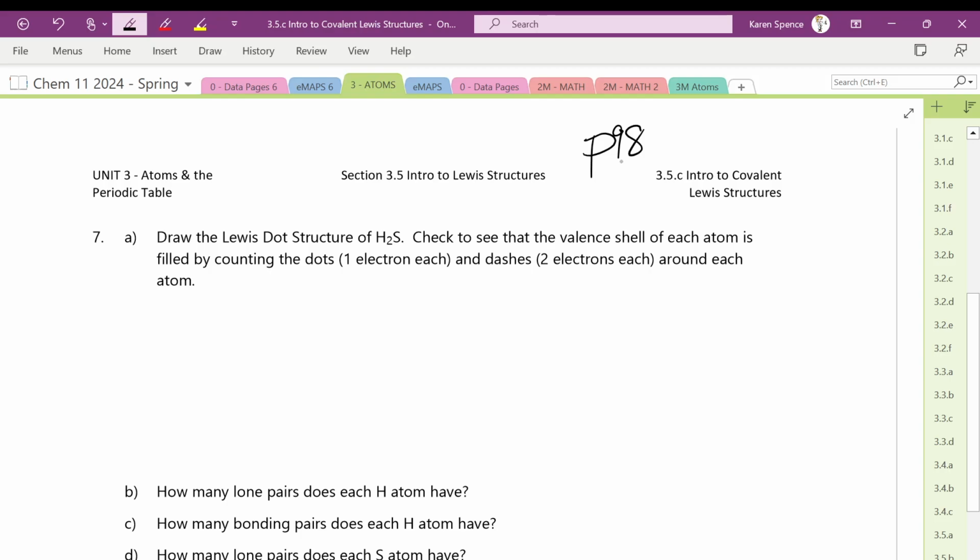Okay. So for this, what you'll see is first of all, sulfur, it's not 2, 2, 2, it's 2, 2, 1, 1. See how there is an unpaired electron here and an unpaired electron there.